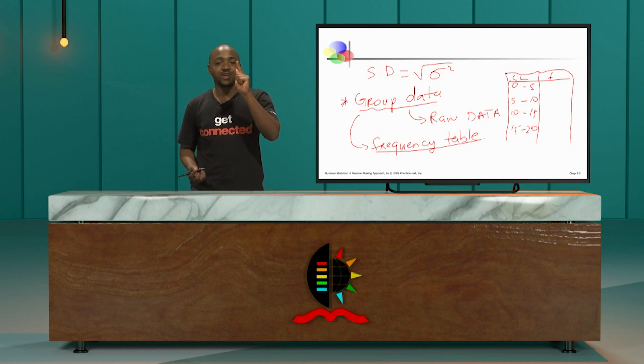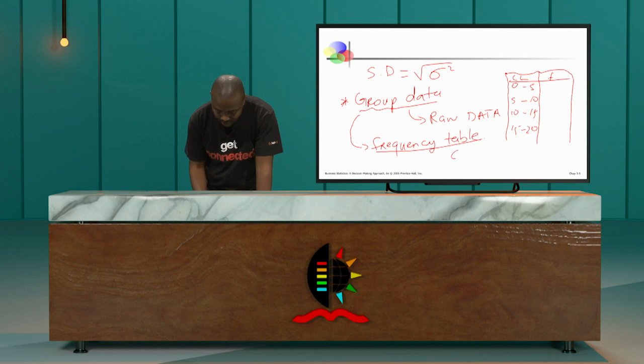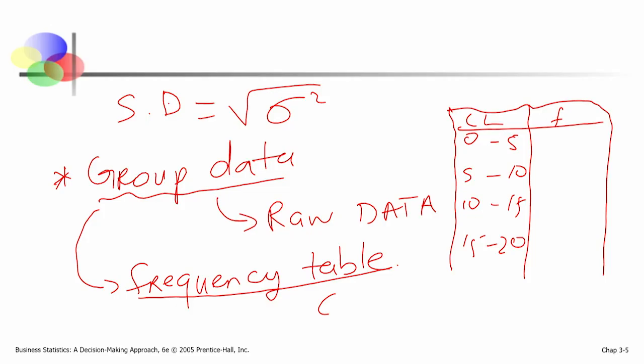Remember, there's a difference between class limits and class boundary, right? The formula for class boundary: if you're looking for a lower class boundary, you say class limit, which is this one here, minus the distance between your diagonals divided by 2, right?